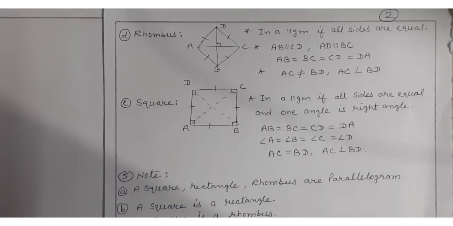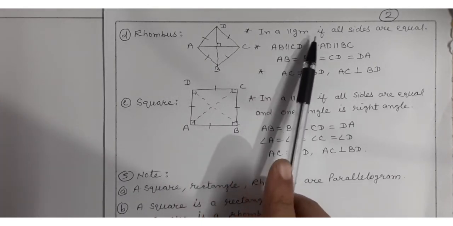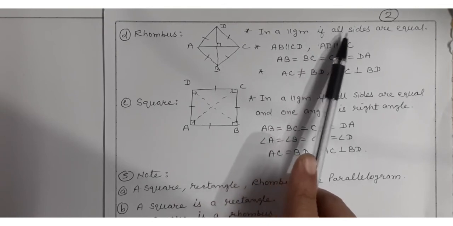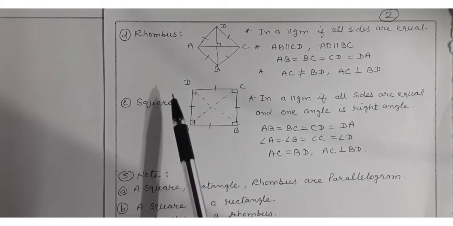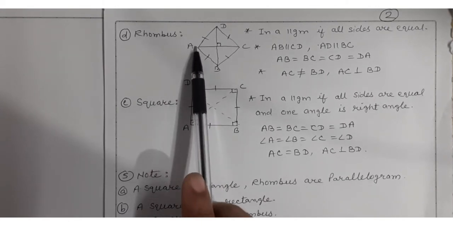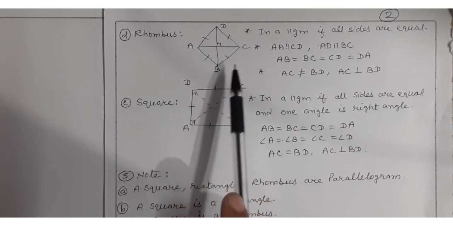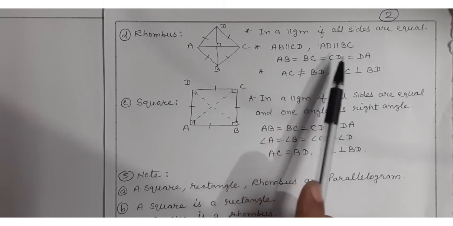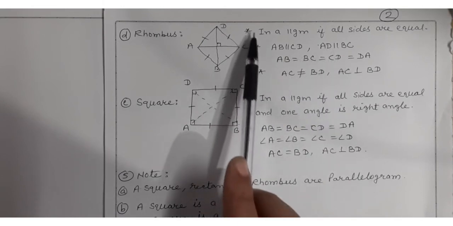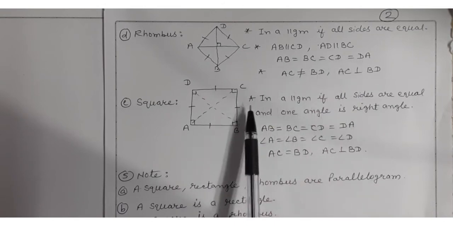Now the next one is the rhombus. A rhombus is also one type of parallelogram in which all sides are equal. ABCD is a parallelogram in which all sides are equal. AB and CD are both parallel and equal, and AD and BC are both parallel and equal also. But in this one, all sides are equal: AB equal to BC equal to CD equal to DA.